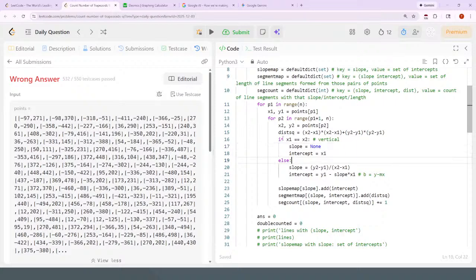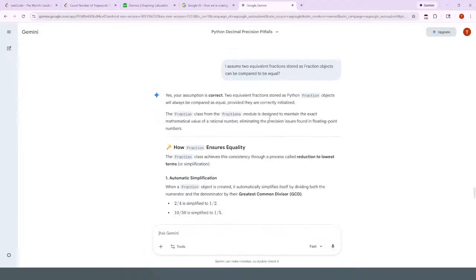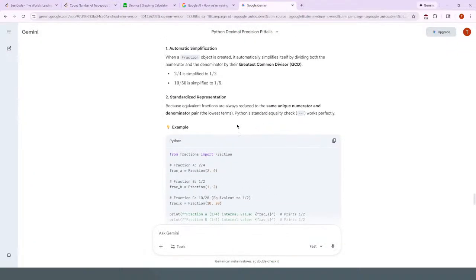Slope is None. Your slope is going to be the fraction y2 minus y1, comma, x2 minus x1. Do I need to import fractions? Assume it's probably imported, from fractions import Fraction.